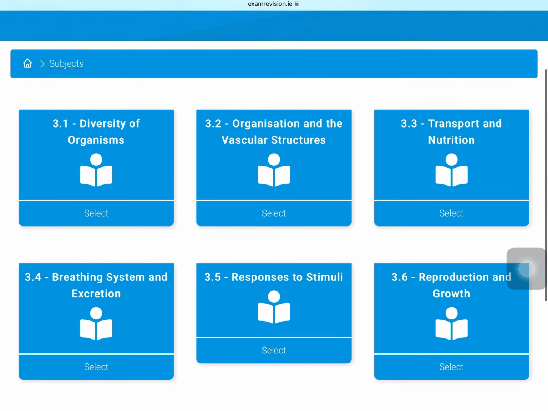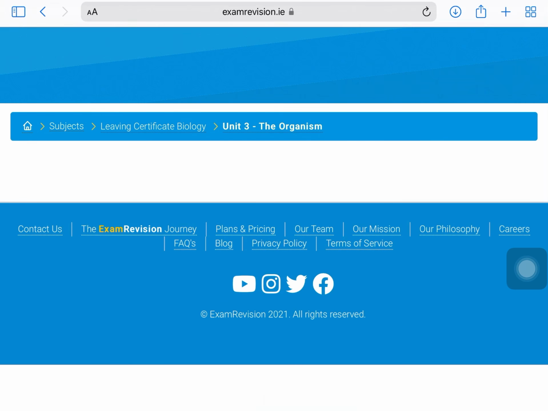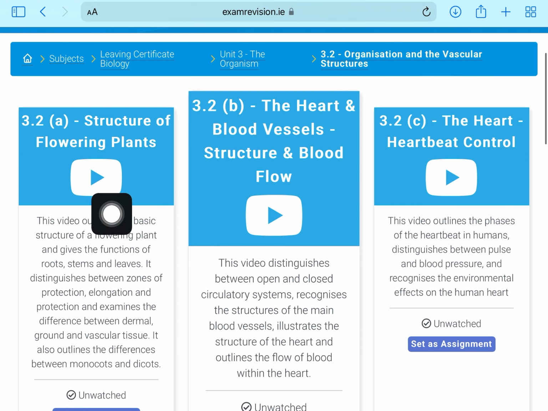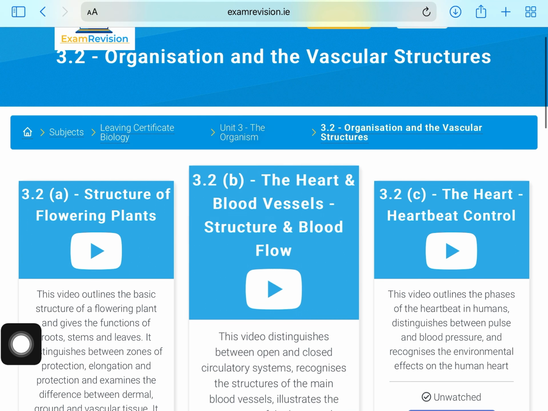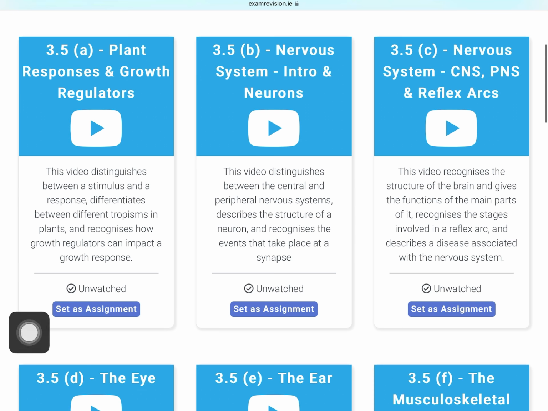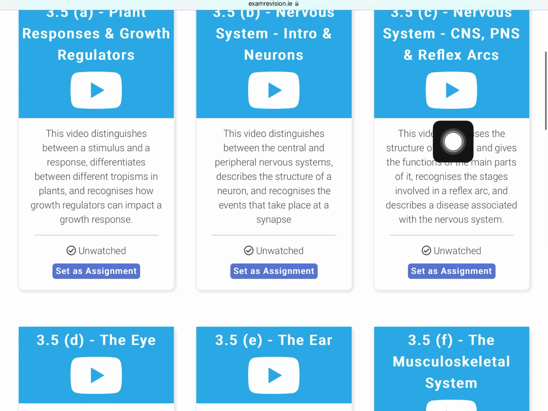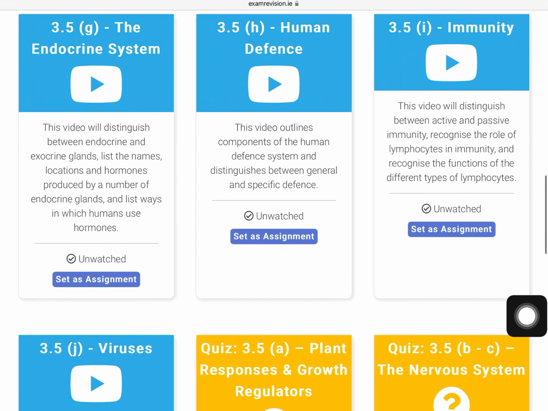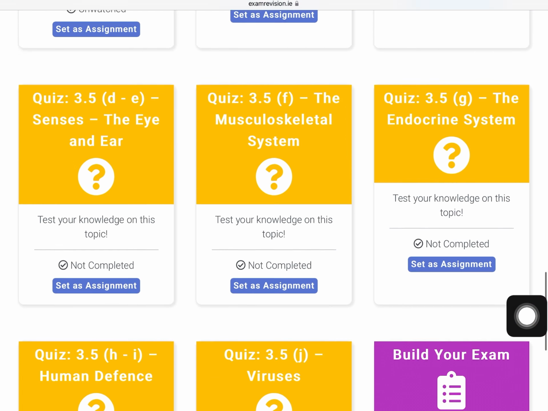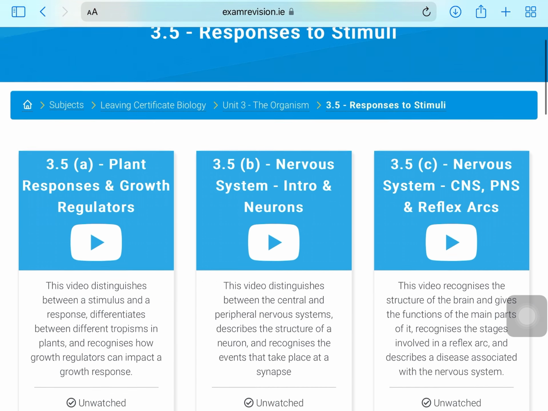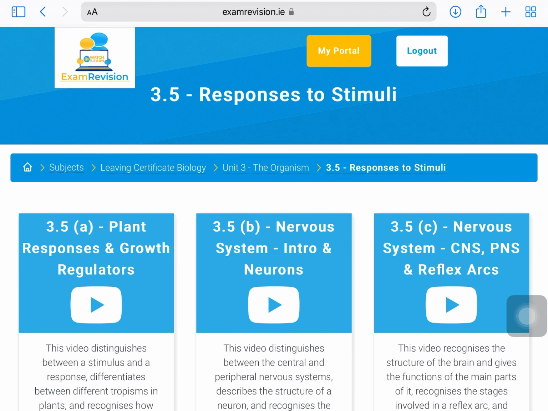Go back here to the organism. If we look at organization of the vascular structure, we can see here we have the structure of flowering plants that could come up as part of reproduction. And 3.5, we have our plant responses. There's our nervous system over there, and our musculoskeletal system is down here. So again, viruses, immunity, everything is there. You have loads of quizzes to test yourself on, and notes will be available as well.